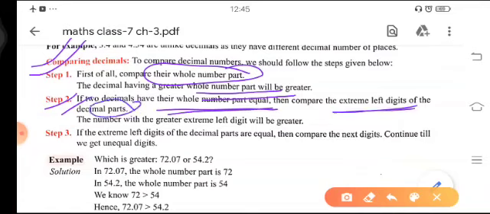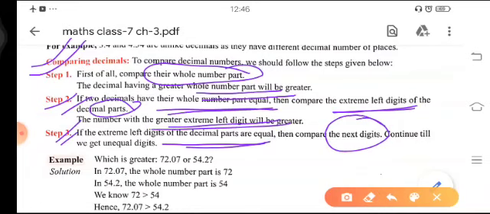If the extreme left digit is greater, then that decimal number is considered greater. Now the third step: if the extreme left digits of the decimal parts are equal, then we compare the next digit.